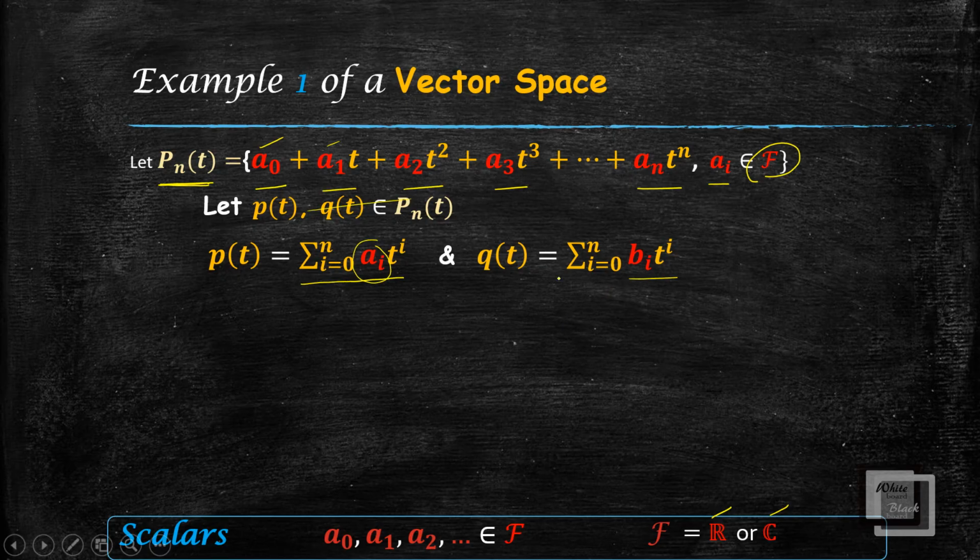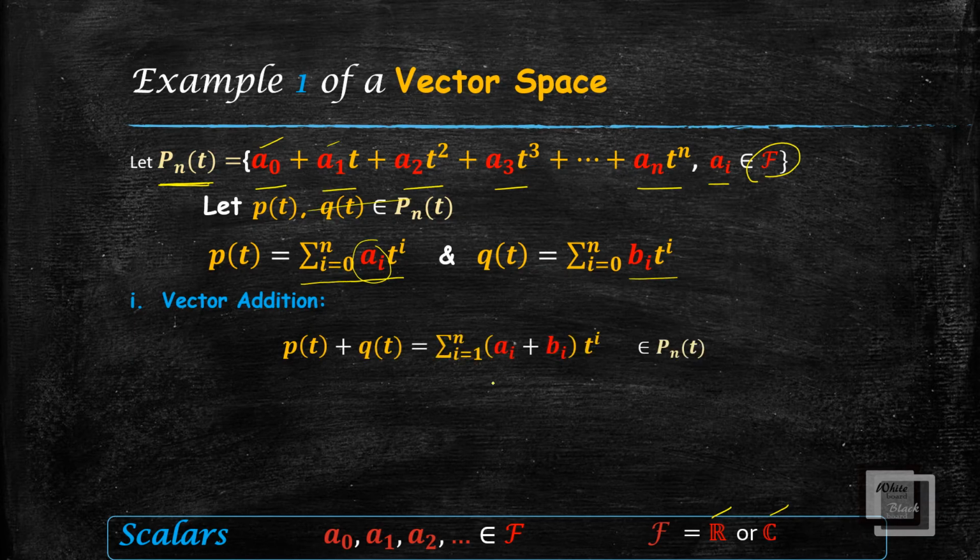Here vector addition of two vectors p(t) and q(t) means that I will add the coefficients of t with the same degree. So p(t) plus q(t) equals summation i equals 0 to n of (ai plus bi) into t raised to power i. Since it is also a polynomial of degree n or less than n, therefore it belongs to Pn(t).